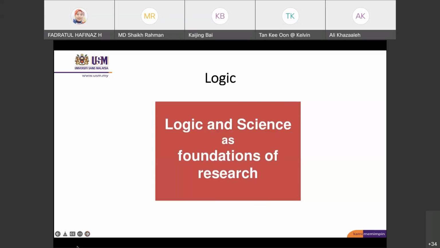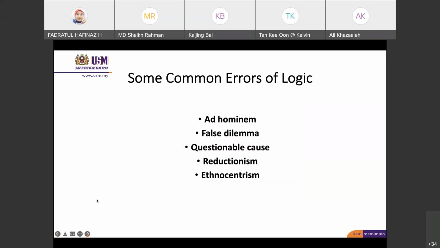Now, another term is that, before we go to another term, I would like to introduce to you some common errors in logic. There are five of them: ad hominem, false dilemma, questionable cause, reductionism, and ethnocentrism. Ad hominem is when you attack the person making the argument rather than producing evidence to contradict the argument itself. The false dilemma is the error when you present the issue as having only two opposing explanations.